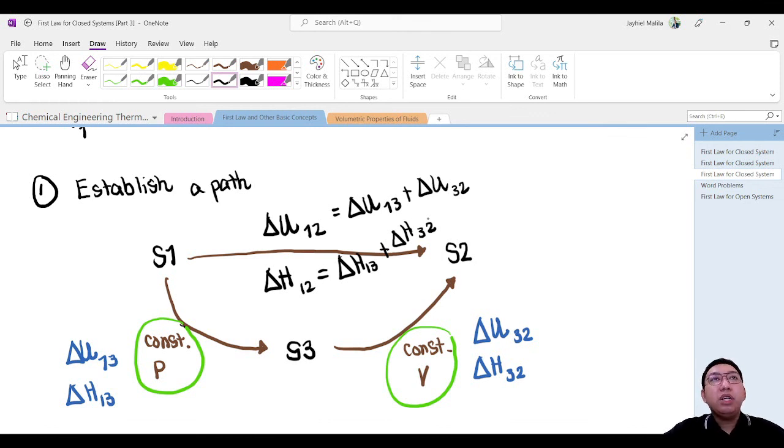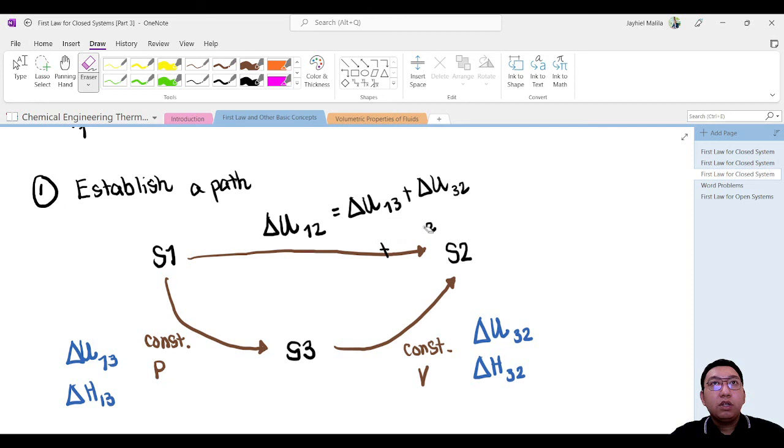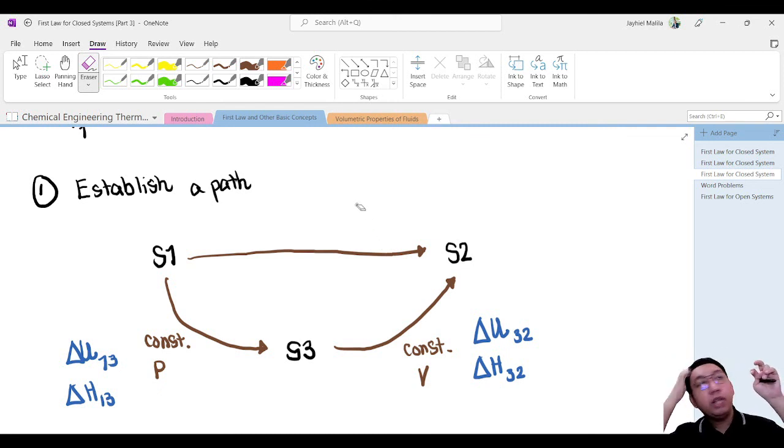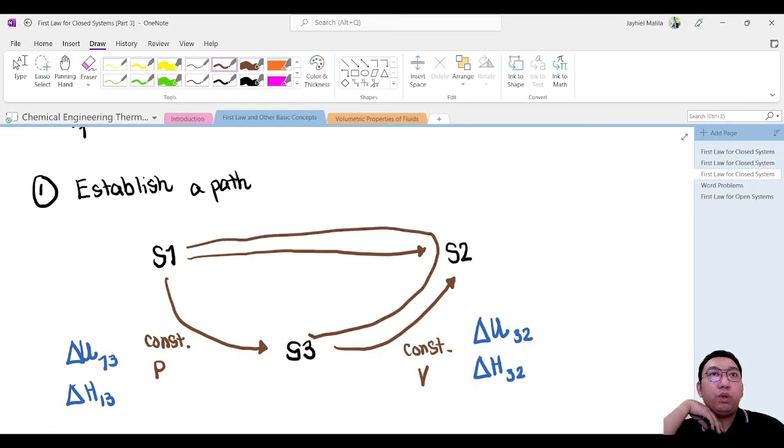So you might ask, sir, in the first question, you told us that the sum of the loop for state functions is equal to 0. So let me remind you that what I'm doing is not a loop, okay? When you say a thermodynamic loop or a thermodynamic closed path, then the arrows should go from 1 to 2, 2 to 3, and 3 to 1.